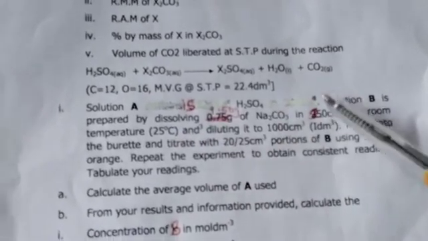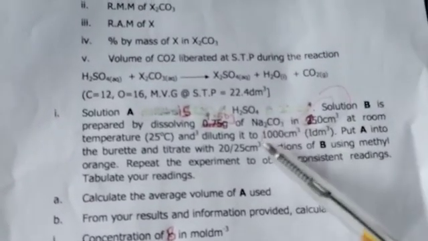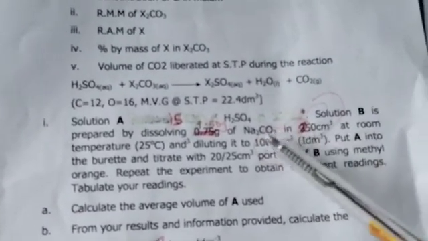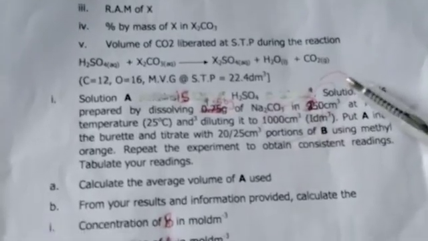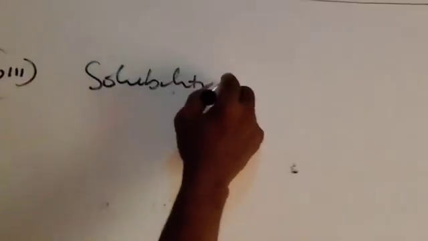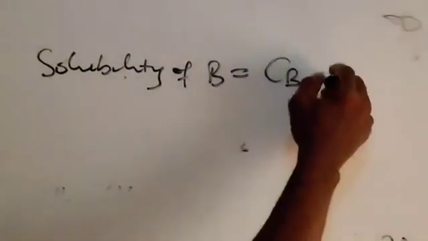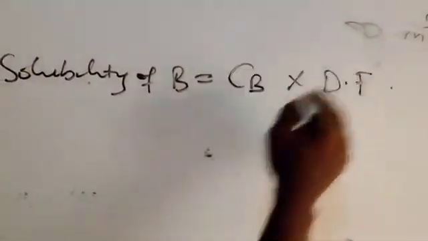So let's mark 250, very important, and also 1000 or 1 dm cube. With this, we're going to calculate what we call the dilution factor before we go to solubility. So for this, solubility of B is obtained by using CB, the concentration of B in mole per dm cube, times what's called the dilution factor.